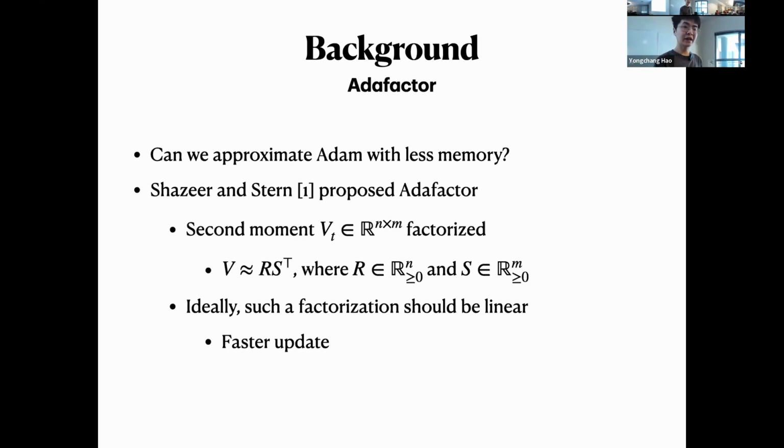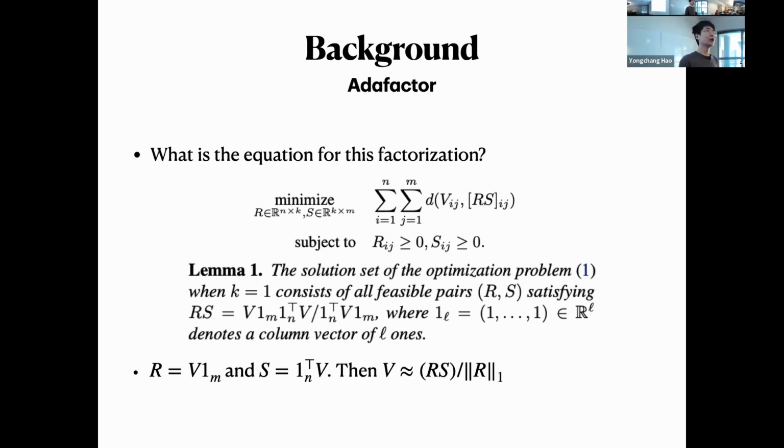And they actually find something to obtain such a factorization. So they rely on a lemma, saying that if your error of approximation is measured by the generalized KL divergence, I divergence, and your condition is that your factorization is non-negative, and also the original matrix, then the rank 1 factorization, so basically R and S are 2 vectors, will be this form here.